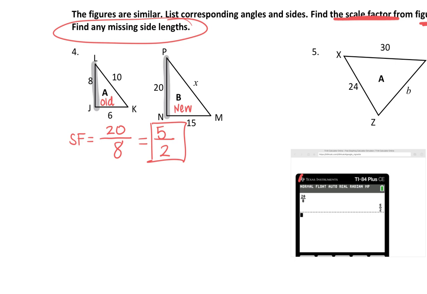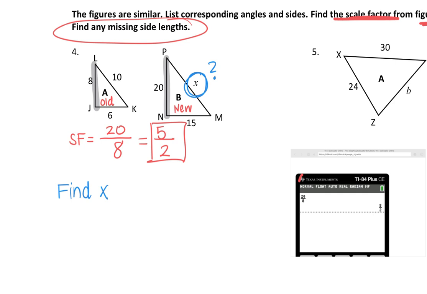Just make sure you put your sides where they belong, and everything is going to work out pretty well. So this is my work to find X, because I am missing this side. I don't know what that is. I'm trying to figure out what that is.